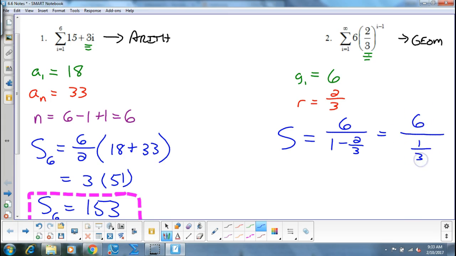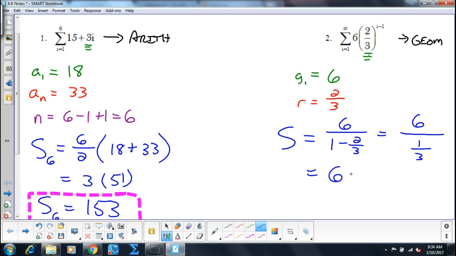So that's 6 divided by 1/3, which is 6 times 3 over 1. So the sum here is 18. Okay?